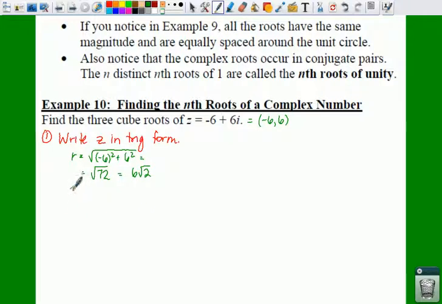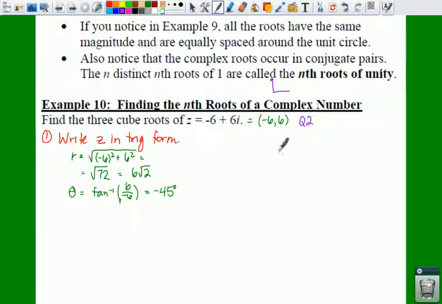Now we also need to figure out our theta. So if we take the arctangent of a 6 over -6, that is arctangent of -1. Now this is going to spit out a negative 45 degrees, but because it is -6, 6, that means you go to the left 6, up 6, you're going to be in quadrant 2.